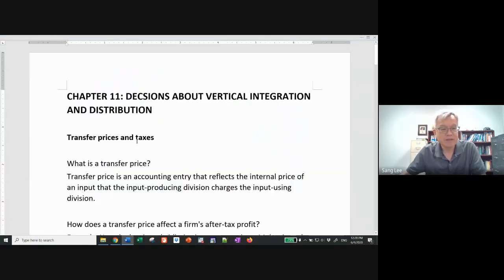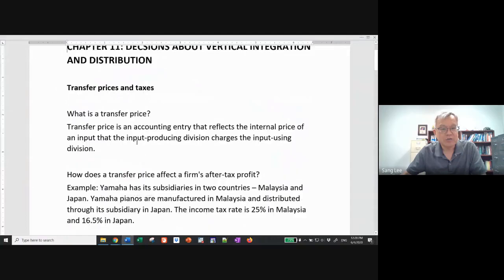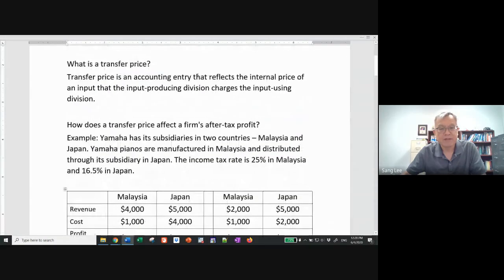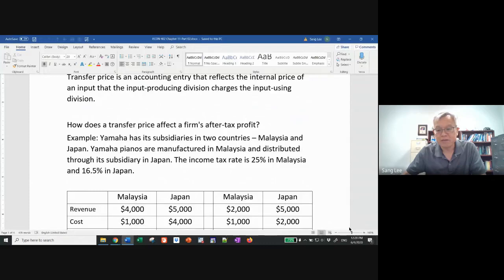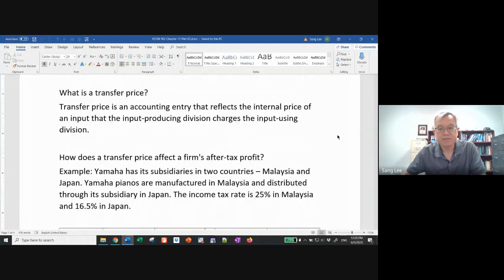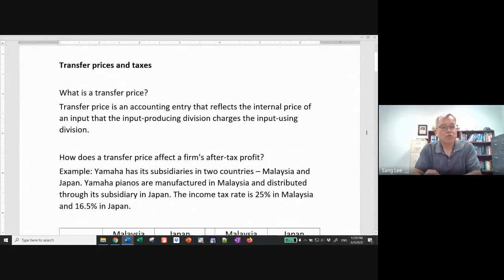So let me turn to the lecture note. What is a transfer price? A transfer price is an accounting entry that reflects the internal price of an input that the input producing division charges the input using division. First, the keyword here is accounting entry.